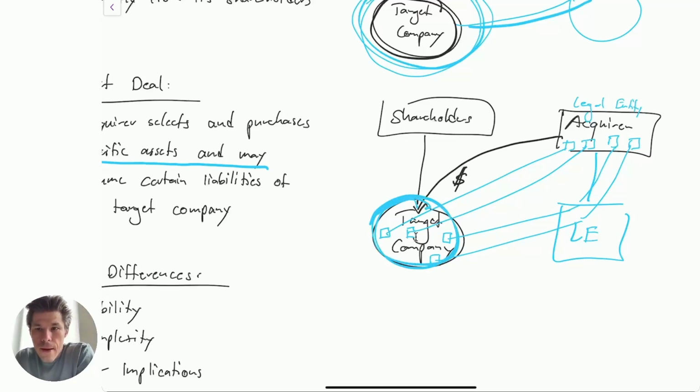But the main part is that you pick certain assets and that you change the components of the legal entity. We sometimes call this cherry picking, because the buyer can purchase desirable assets such as equipment, inventory, intellectual property, and so on, while leaving unwanted assets or liabilities. The legal entity of the target company remains with the seller.